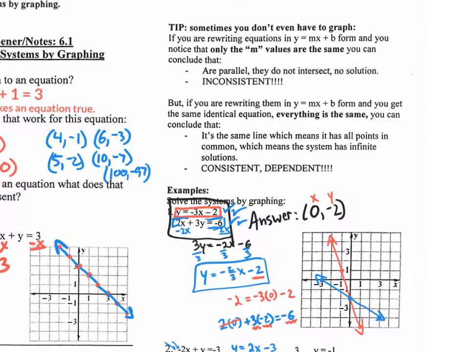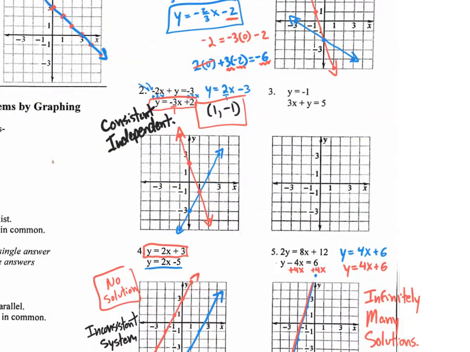If they ask you to classify it, you would say it's an inconsistent system, okay? Or if you're rewriting it in slope-intercept form and it's the same exact identical equation, then you would say it's consistent dependent, right? Now that's classifying, like they tell you to classify, you would say consistent dependent. But if they ask you for the solution to solve it, you would say infinitely many solutions, kind of like we did down here.